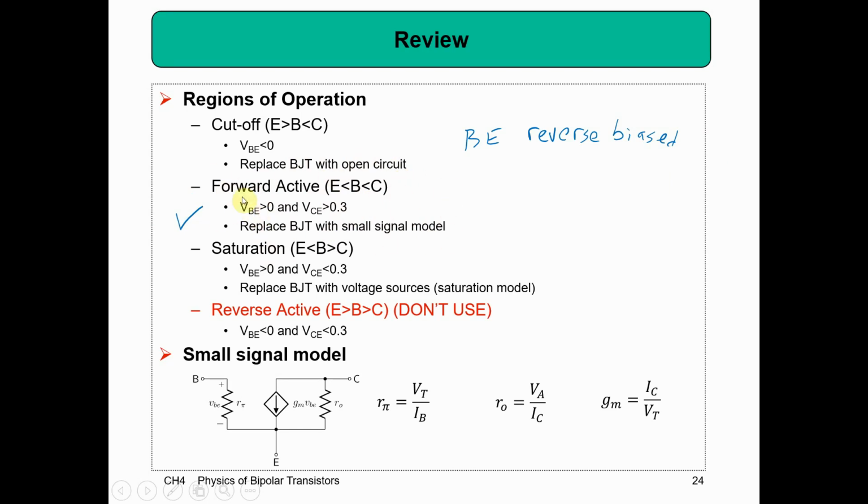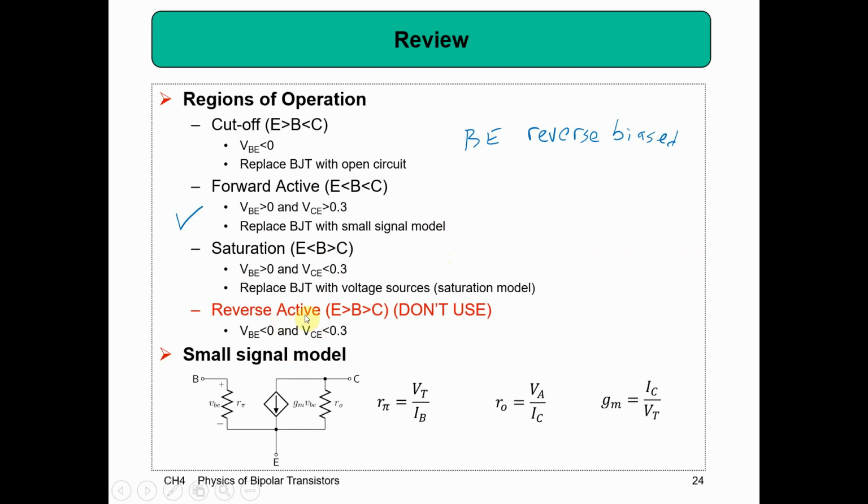In this case, I want my base emitter junction to be positive, and I also want my collector emitter junction to be positive. This is called forward active. Saturation is if I'm in forward active, but my collector emitter voltage starts to get too low, then we no longer have a reverse bias condition on my collector base, and that becomes saturation.